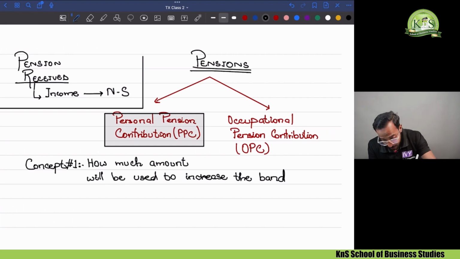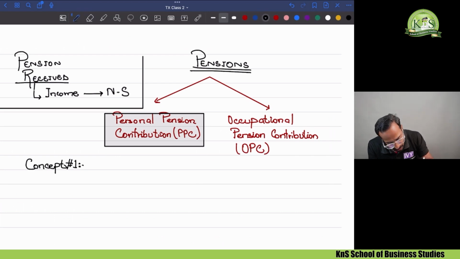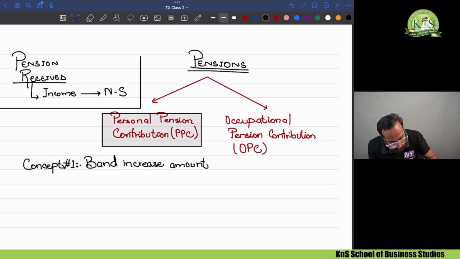Or you can just remember the shorter name of the concept: band increase amount.